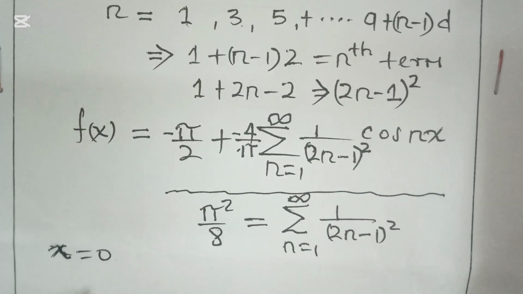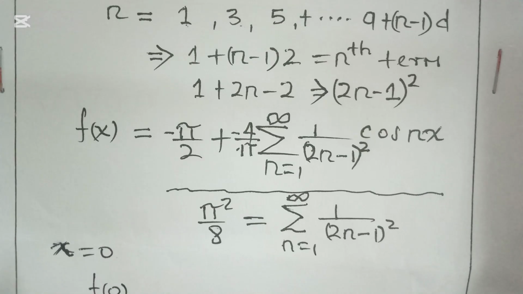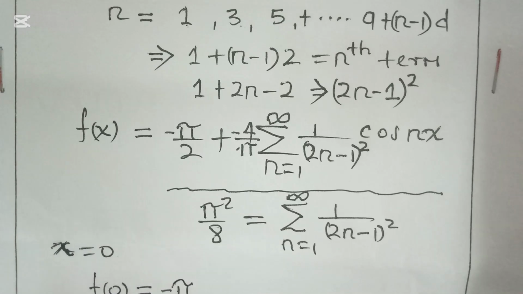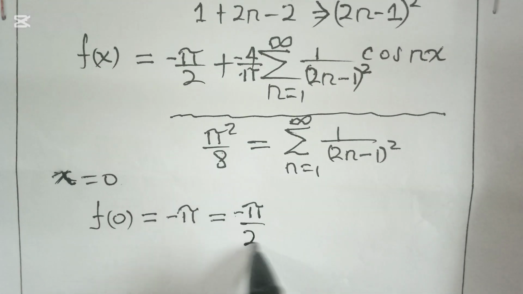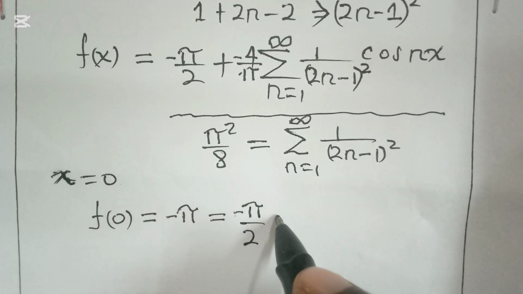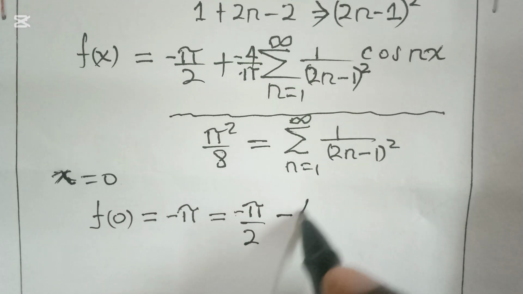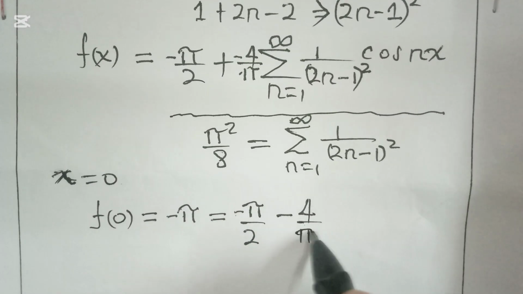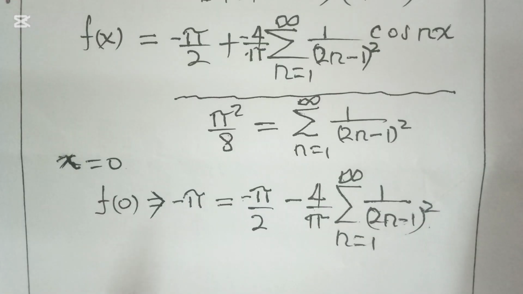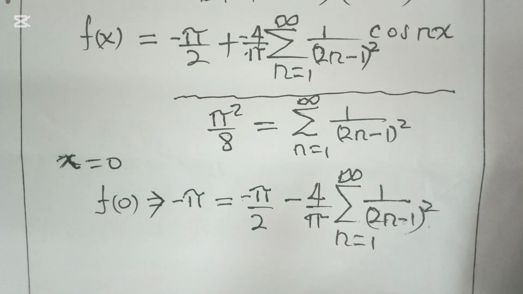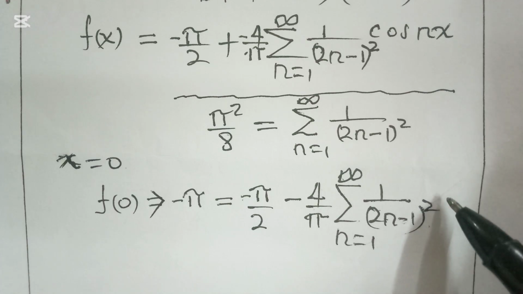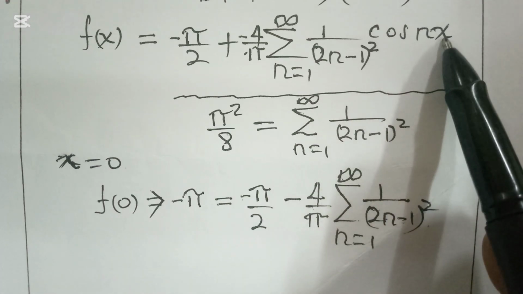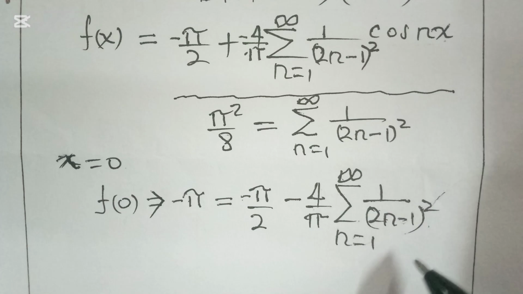So we shall have f(0) is equal to -pi, and this is now equal to -pi all over 2 plus minus 4 all over pi. Before that, the cos will become 1, because with x equals 0, cos 0 is 1. So here we shall have 1.